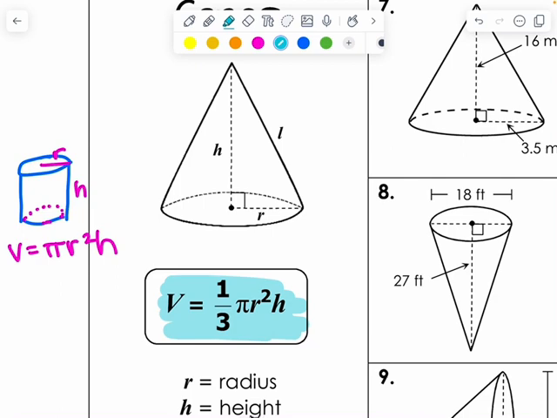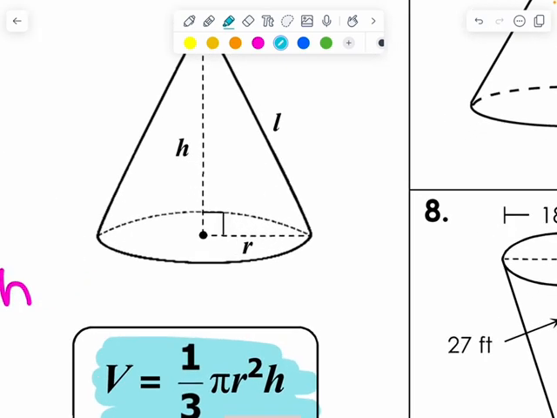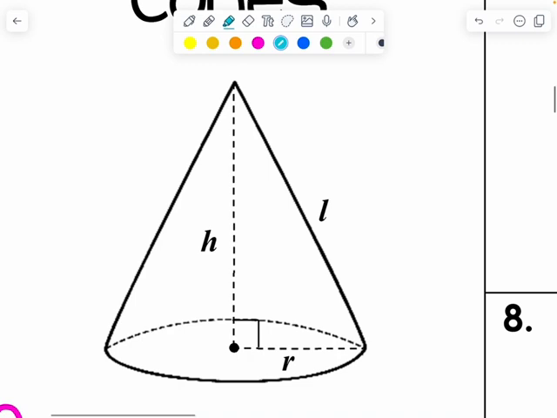Okay, we still are going to identify our height and our radius very similarly, except now that we have a cone and we have that point, we're going to need to look for the height in a little bit different place. So notice how we still have a radius that connects the center of our circle to the outside edge of our circle.